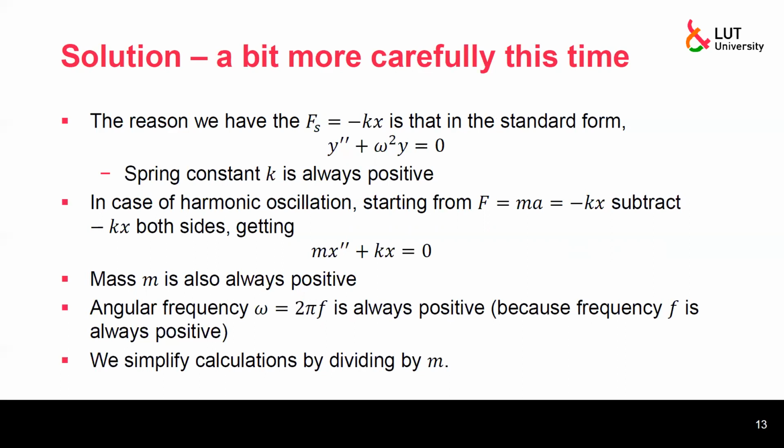And this omega actually stands for angular velocity here. That's relatively clear to see when we start getting solutions, because it will show up there in the solution as well.